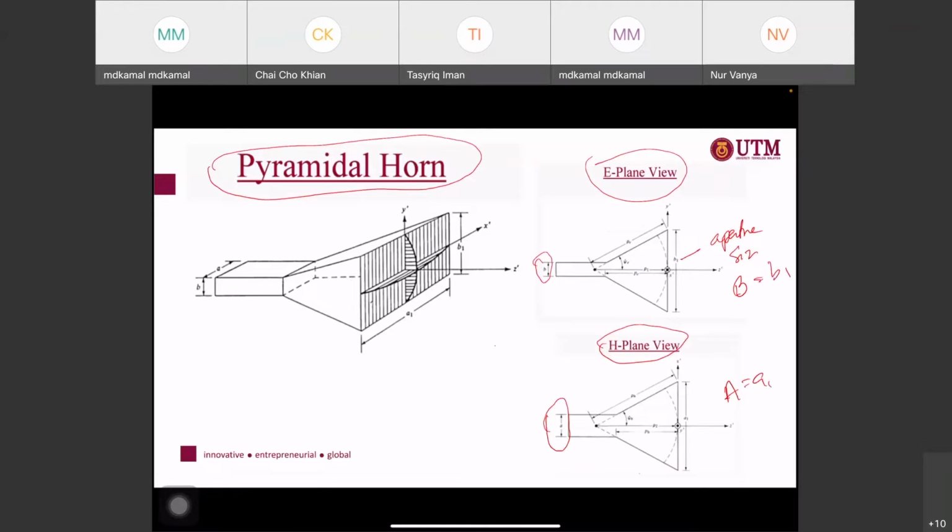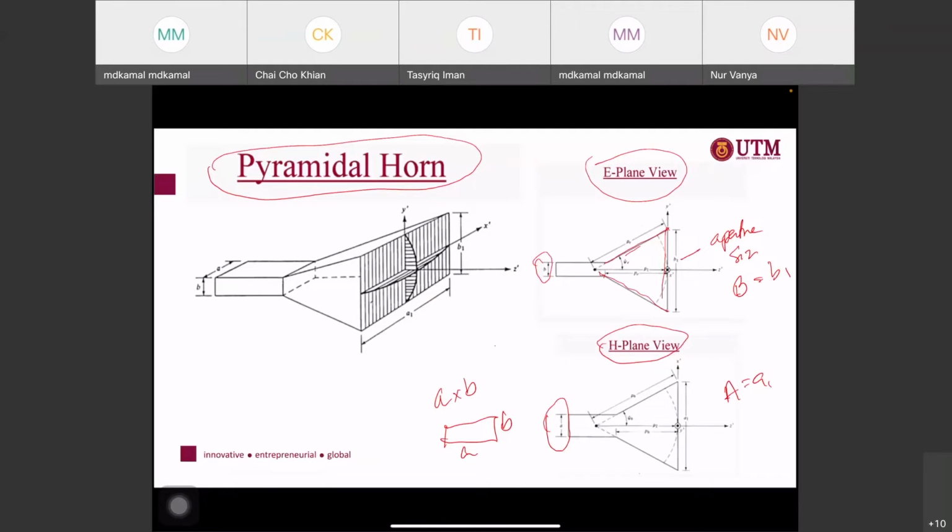Sometimes I'm using this value to differentiate it, because sometimes it's difficult to see a small A and capital C. In this case, A and B are actually the dimensions of the waveguide, as I mentioned before. The aperture size here depends on your pyramidal horn, so that's why they put B1 here or A1 here.